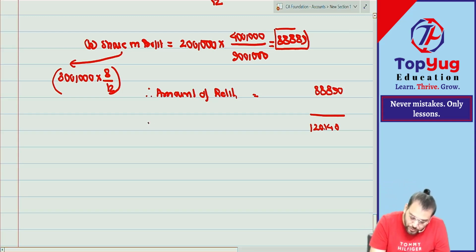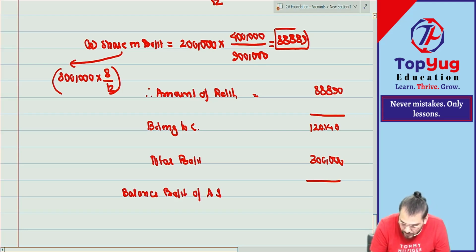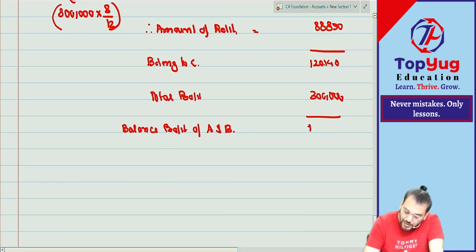So total is what? Total profit. So the balance profit of A and B. How much? 1 lakh.